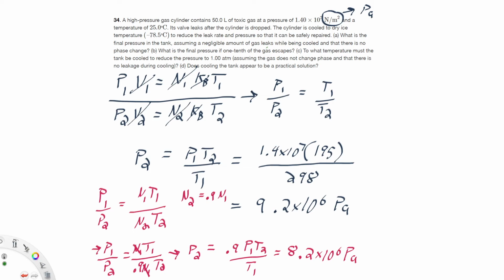Okay. Oh, yeah, that's right. The thing we got for part A is all of this bit here. So plug that in, multiplied by 0.9. Bob's your uncle.